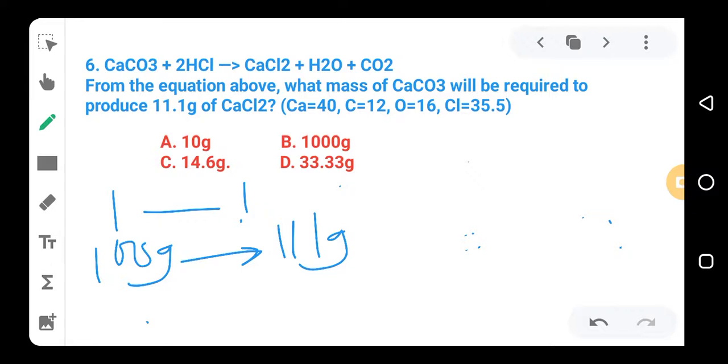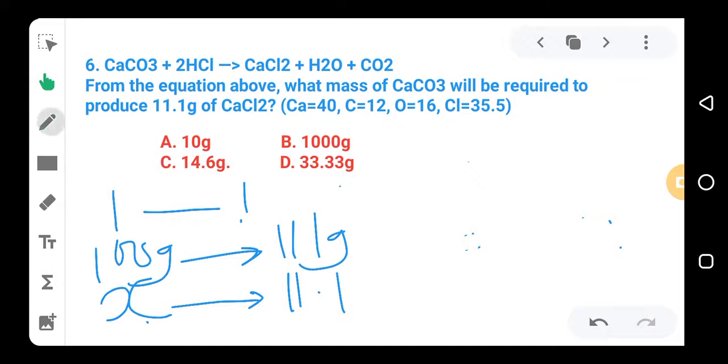So we can call that unknown X. If 100 gram gives us 111 gram, how many will give us 11.1?